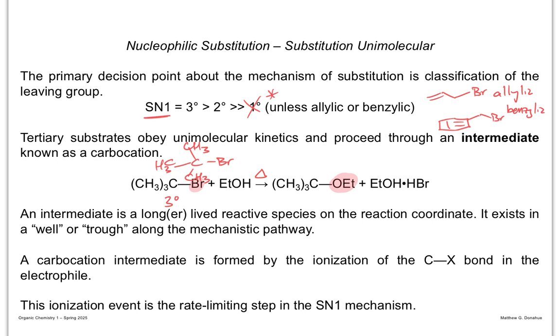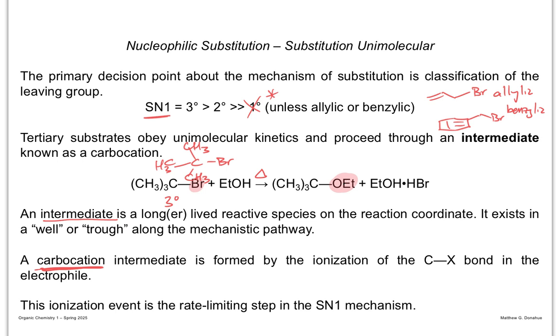So as I said, the mechanism is different because now it proceeds through an intermediate. An intermediate is a well that exists along the reaction pathway before you get to the product. The name of this intermediate is called a carbocation. We know the leaving group has to leave, right?